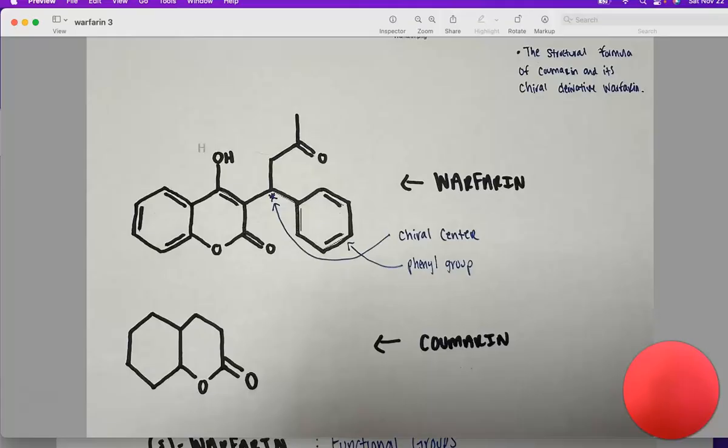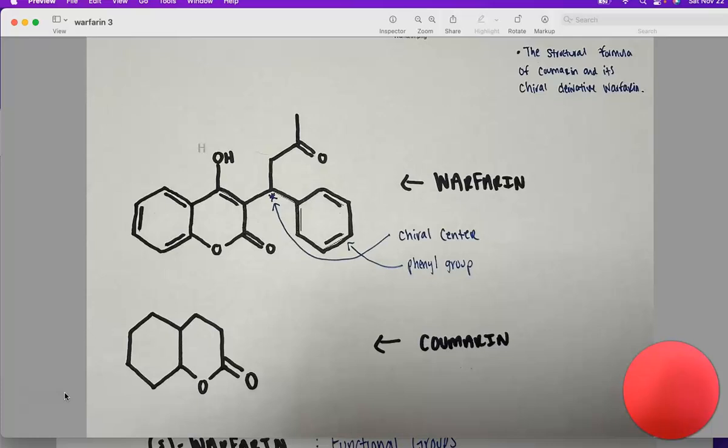So for the 8 position, priority 1 is the phenyl group, priority 2 is the ketone group, priority 3 is the carbon connected to the ether group, and priority 4 is the hydrogen atom. The order of priorities is clockwise, and the lowest priority is group H, and is pointing away from us, so the configuration is R.